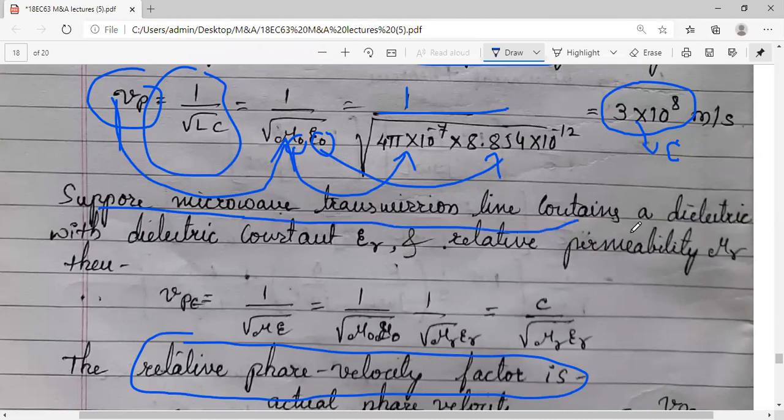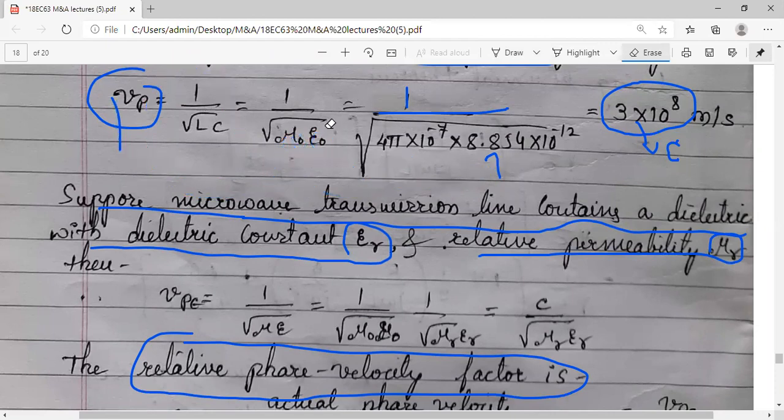suppose a microwave transmission line contains a dielectric with a dielectric constant epsilon r and relative permeability mu r. If these two are the case, what happens here? We have calculated this velocity for air core conductor. Air means we have taken the relative permeability and permittivity as 1. Actually it is mu into epsilon itself in the formula, but we know that mu is mu naught into mu r.